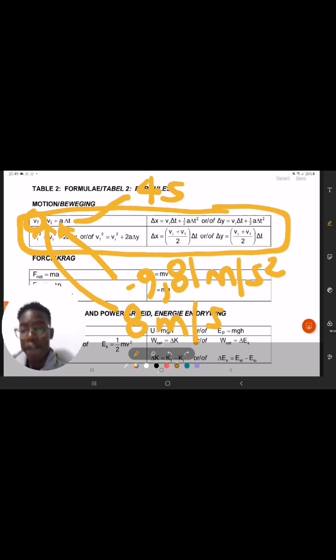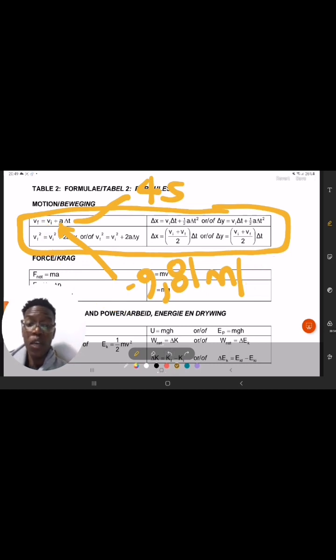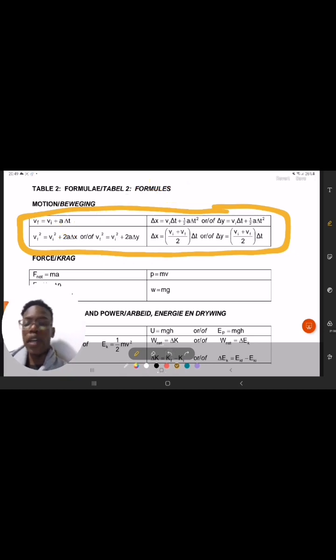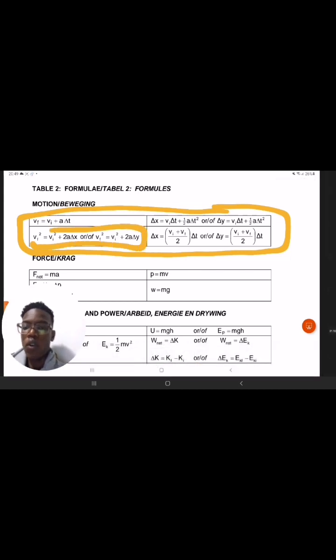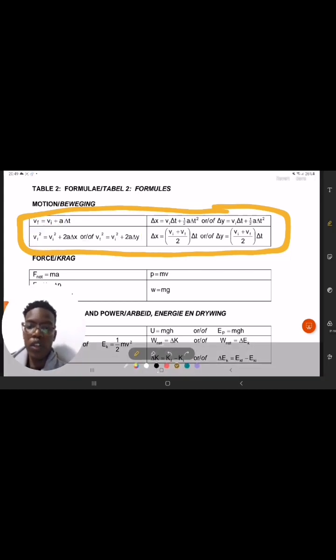Now, vf is what I've been asked to solve for. So in this question, we're actually very lucky, because the very first equation of motion that we looked at, we can use to solve our problem. We are asked to solve for vf and we've got everything else. Just to hammer this point home, I could not use these other equations because I don't have delta y or delta x.